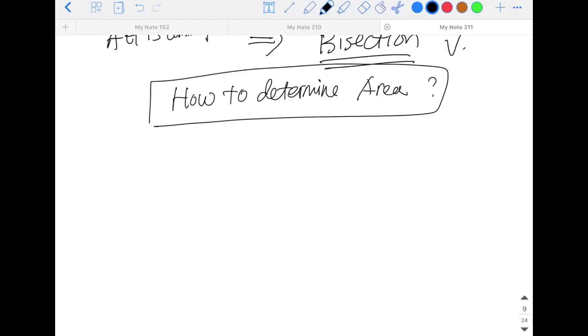Let's try to have a look. How many ways are there for us to determine the area of a triangle? These are also something very intuitive. The first way is the basic way, right? You have triangle ABC.